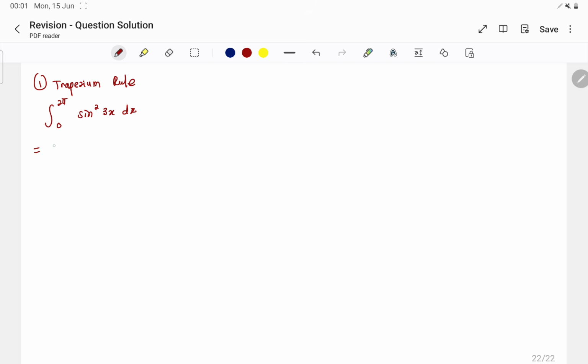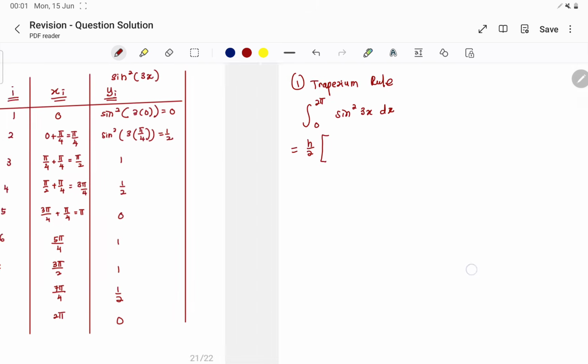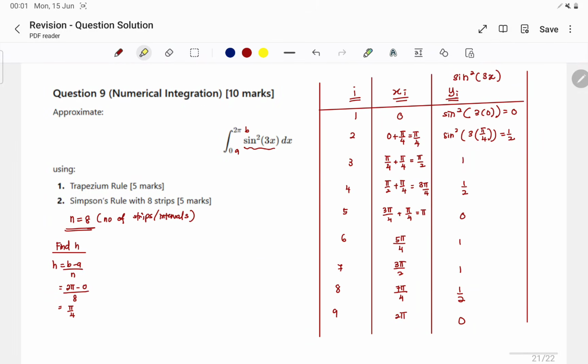The first step is you put h over 2 in front and then multiply with, and you have to remember here, for the trapezium rule, the first value of y and the last value of y you can add together.